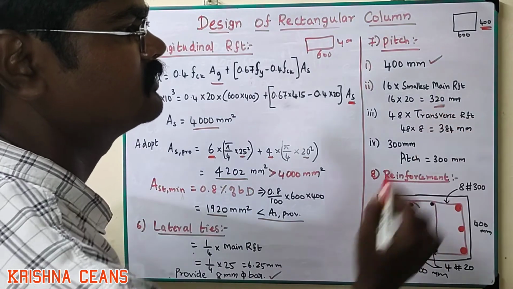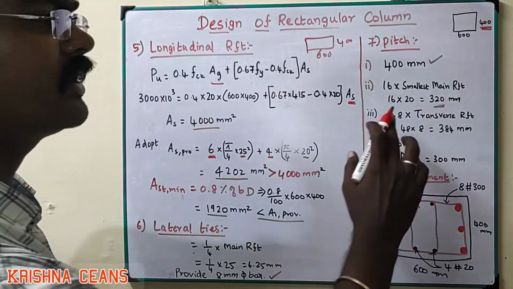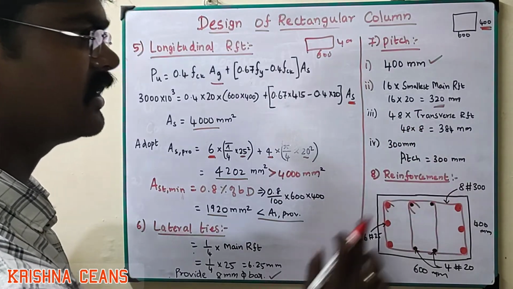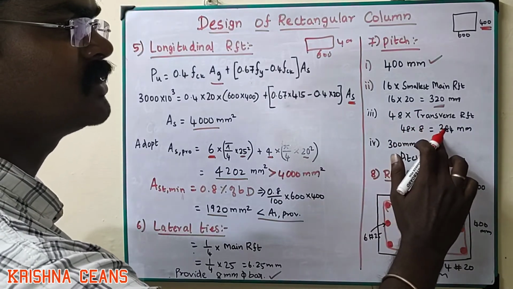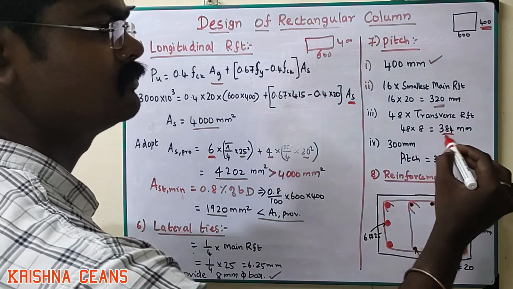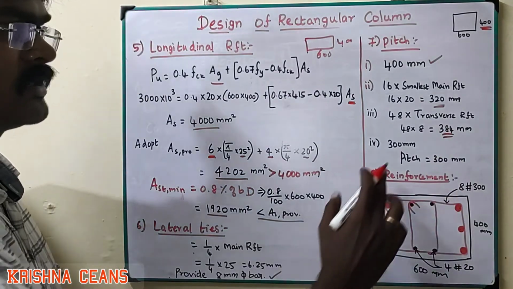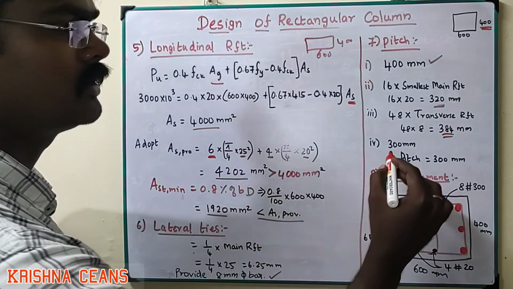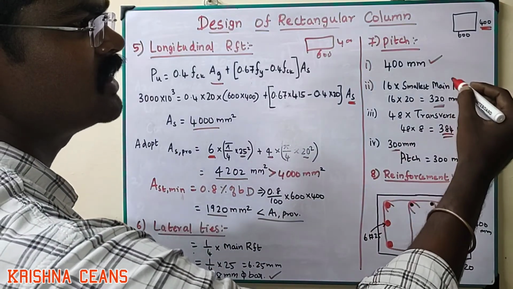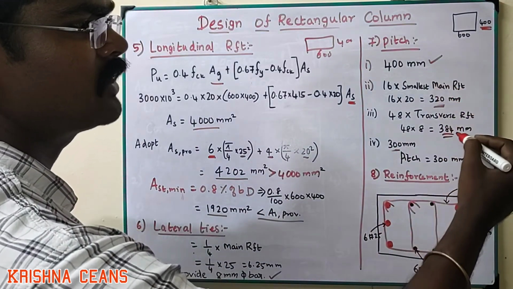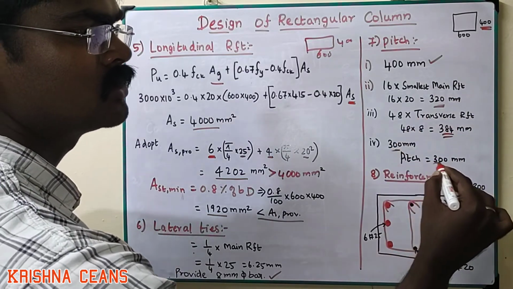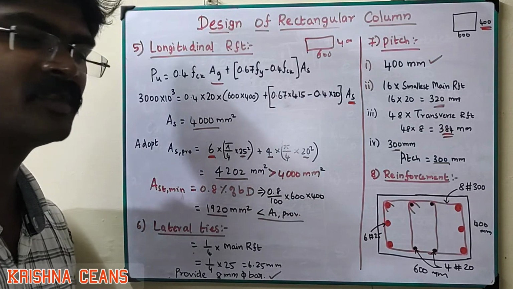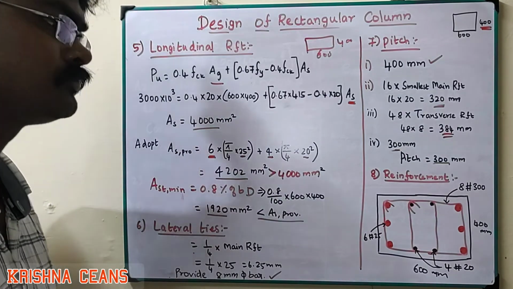The third condition is 48 times the lateral tie diameter, so 48 into 8 mm is 384 mm. The fourth condition is that it should not be more than 300 mm. Among 400, 320, 384 and 300, the least is 300 mm. So we have to maintain 300 mm spacing between the lateral ties.